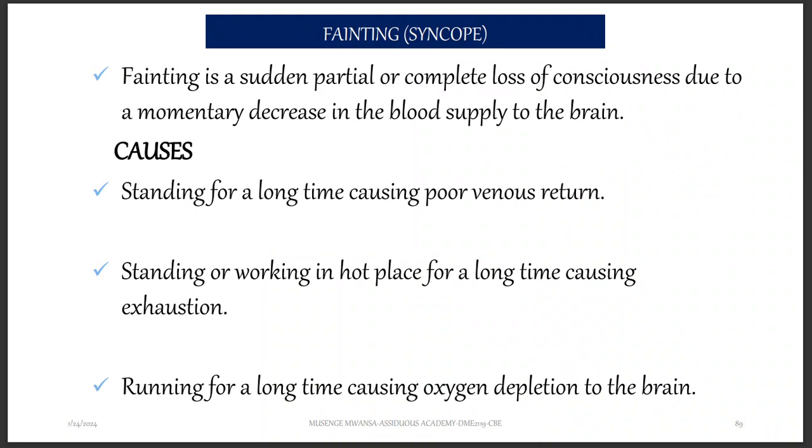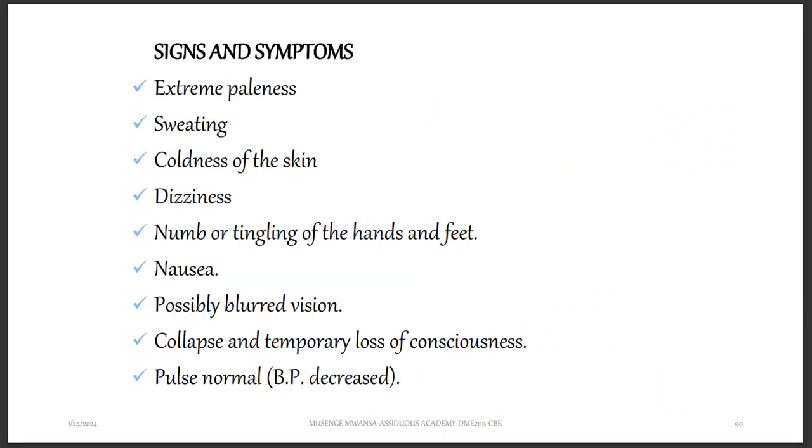Also, standing or working in a hot place for a long time can cause exhaustion, and that can lead to fainting. Running for a long time is going to cause oxygen to be depleted. And when oxygen has been depleted, it means it's not enough going to the brain, and that can cause fainting.